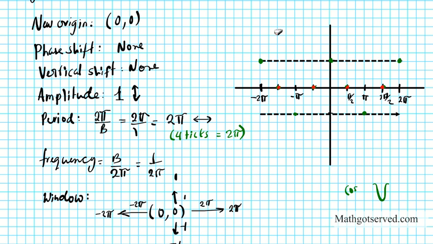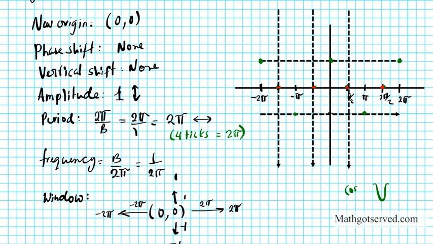So we have a vertical asymptote here, and then we'll have another vertical asymptote here, and another here, and another right here.